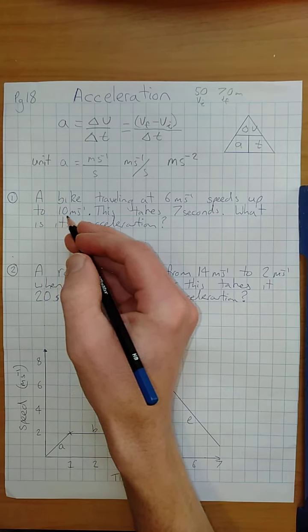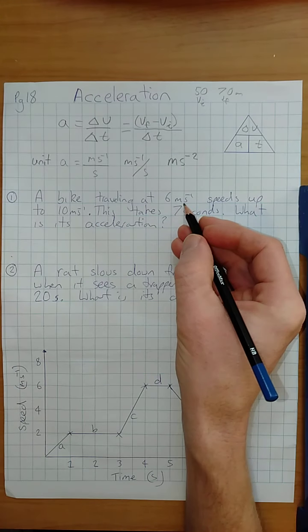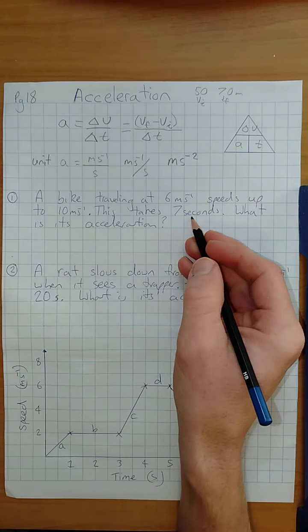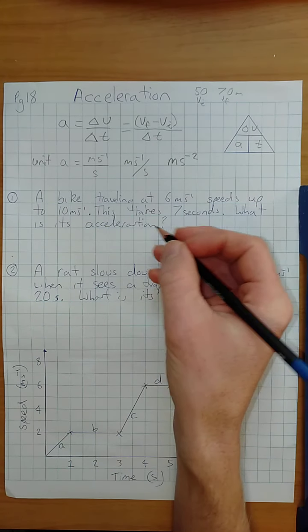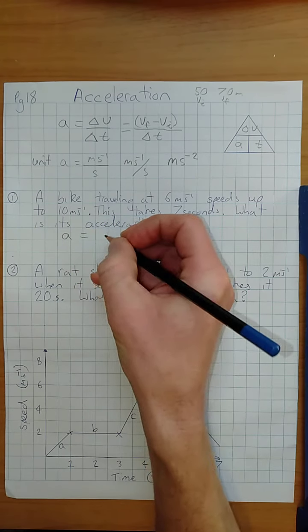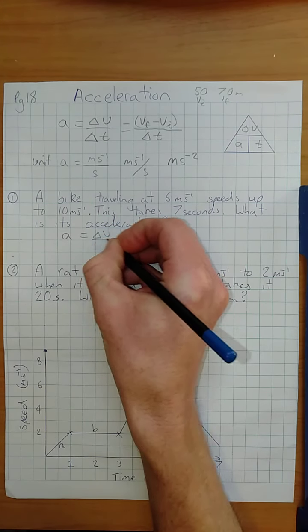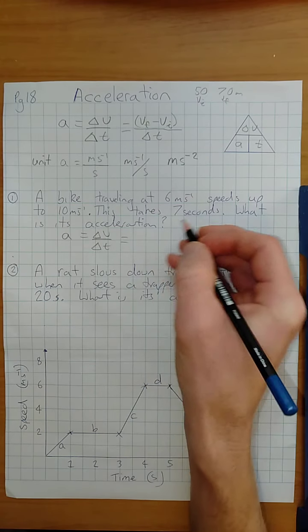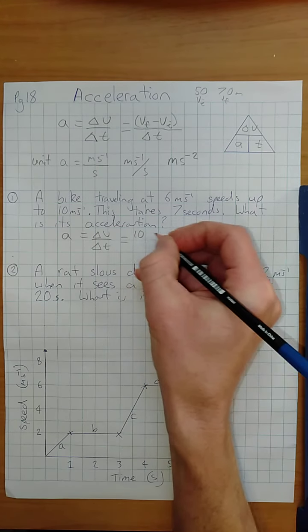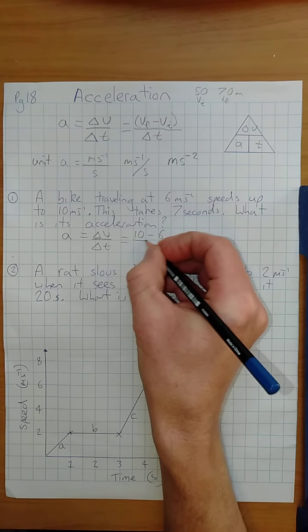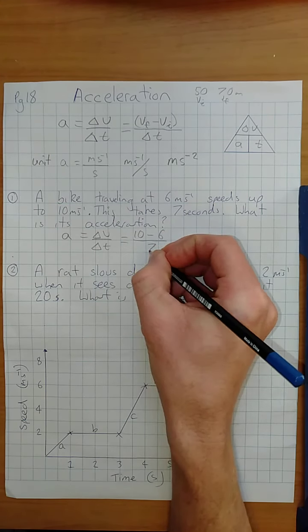Alright, on to my first question. A bike's travelling at 6 meters per second and it speeds up to 10 meters per second. This takes 7 seconds. What is its acceleration? So we'll write that down. Acceleration is equal to change in velocity over change in time, and we'll write down its final velocity was 10, take away 6, which is its initial velocity, and we divide it by the time it took, which is 7.